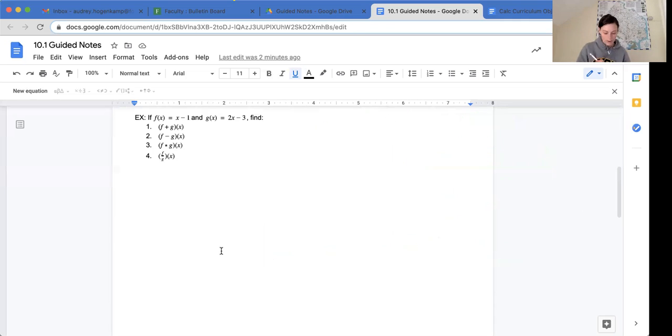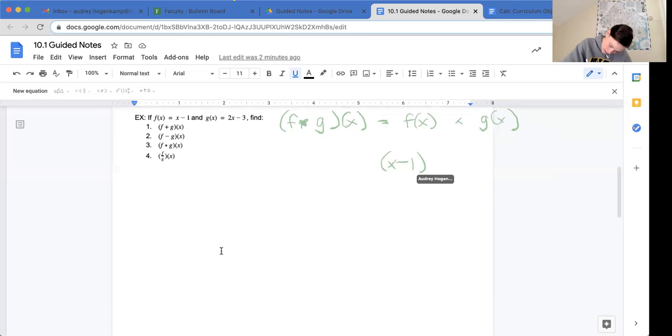All right, let's move into our harder operations. So next up we have f times g of x, which is equal to f of x times g of x. F of x again is x minus 1 times 2x minus 3. That is going to be some foiling action.